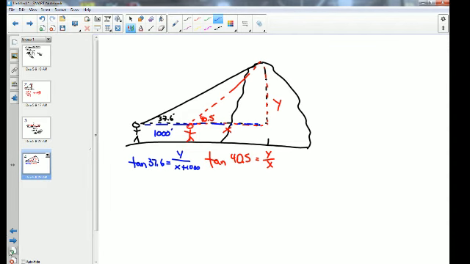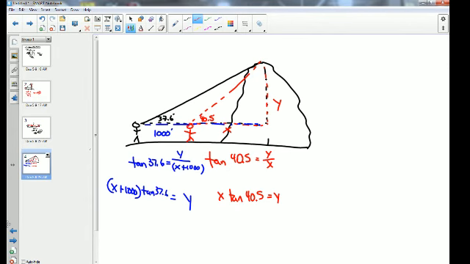If I multiply on both sides, I get y equals x plus 1,000 times tan 37.6, right? Here, I can multiply by x on both sides and get x tan 40.5 equals y.